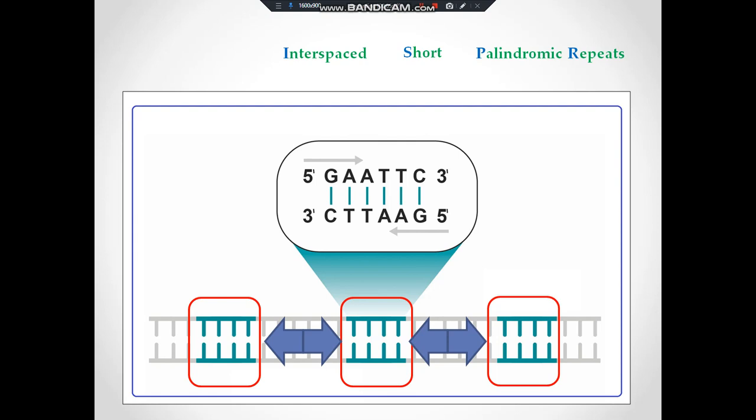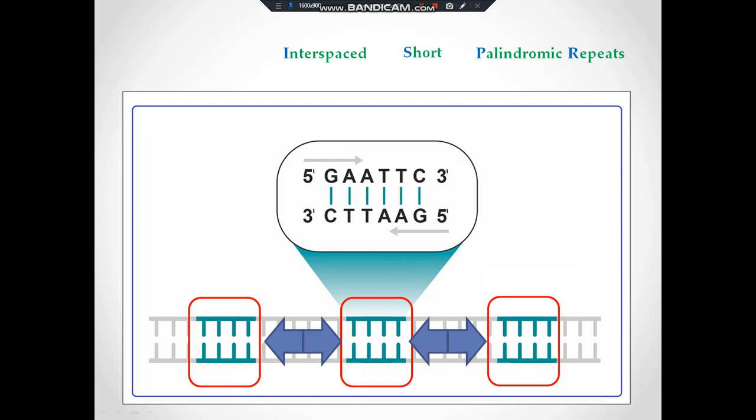And the palindromic repeat which is repeating again and again is GAATTC, which is from 5 prime to 3 prime, and the opposite or complementary strand is from 3 prime to 5 prime.